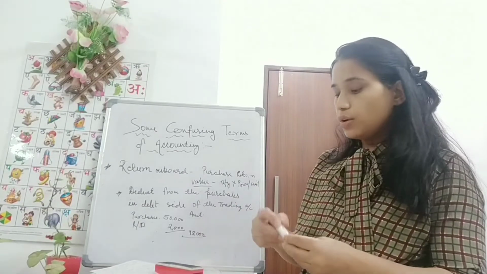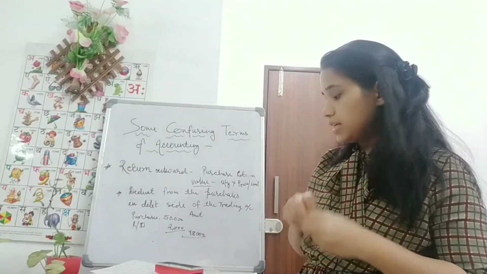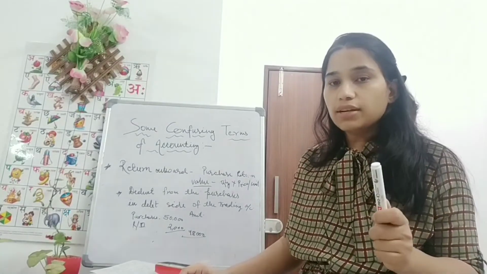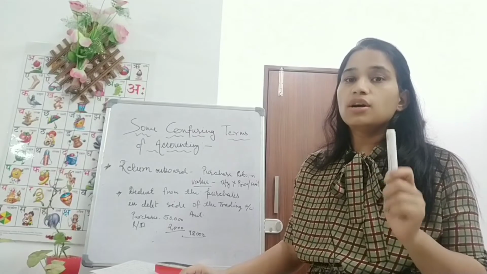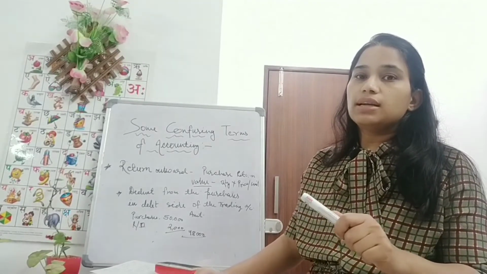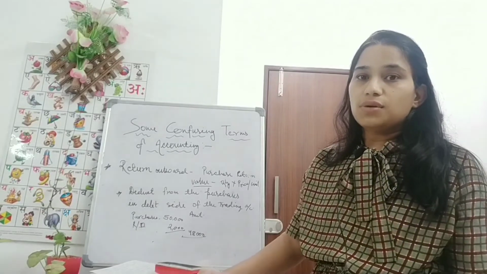So the recording of the return outward, that is nothing but the purchase return, will be done on the debit side of the trading account, and it will be deducted from the purchases of the company, and the net amount will be shown on the debit side of the trading account.